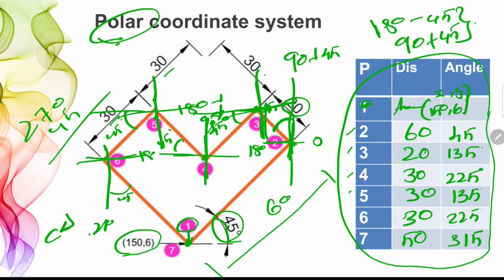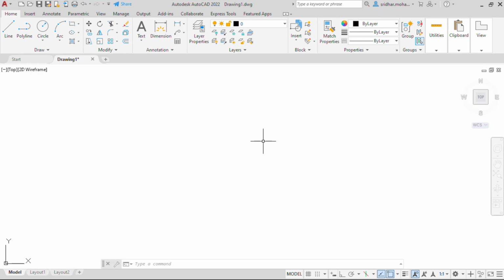These point values we directly enter into AutoCAD and then check how the drawing appears. So now we open AutoCAD and enter all these values. Now I open the AutoCAD 2022 software. Already I have given the important commands like limits, zoom and units.